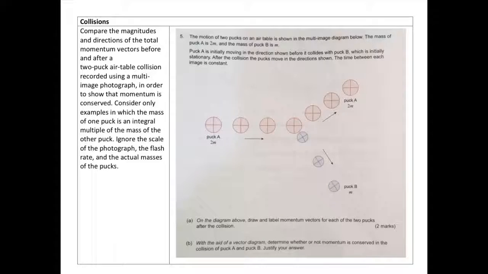So let's consider, and we'll use green again, our initial. What is the initial momentum of puck A? Well, obviously it's going in this direction. Now, because it has a mass of 2m, we're going to draw that initial velocity vector for puck A across 2 intervals of the ball.